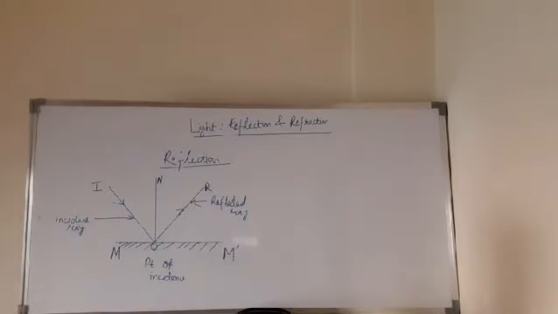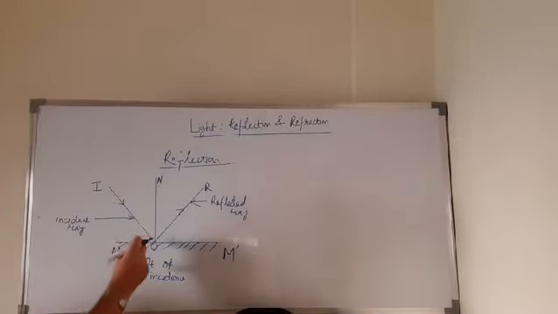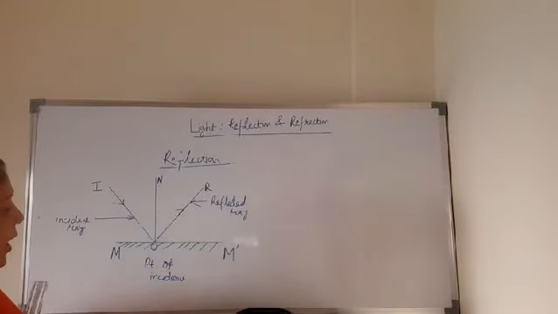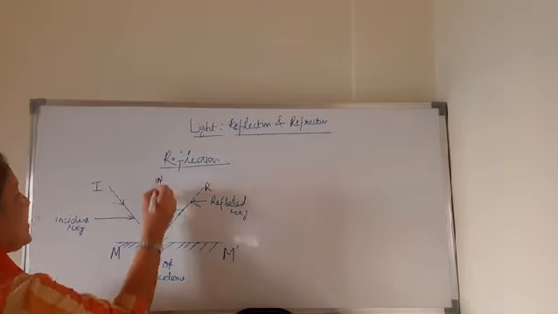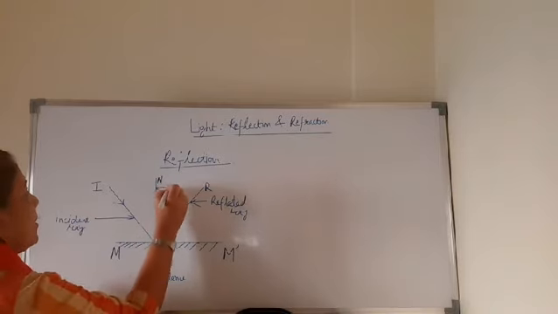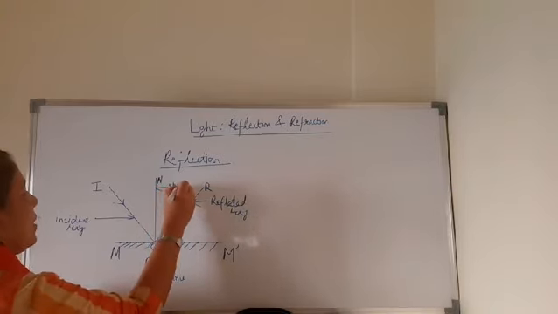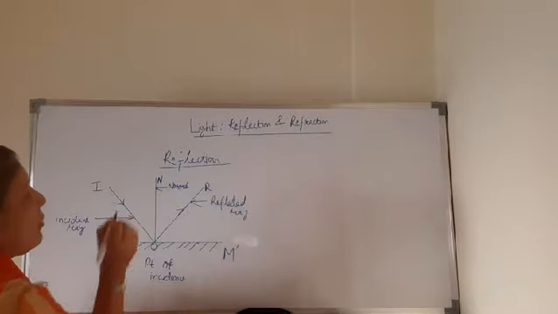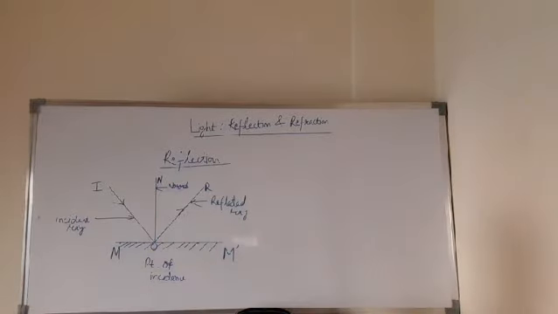So we have IO, ON and OR, where ON is the normal to the point of incidence.